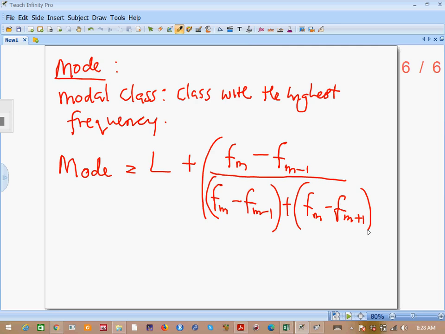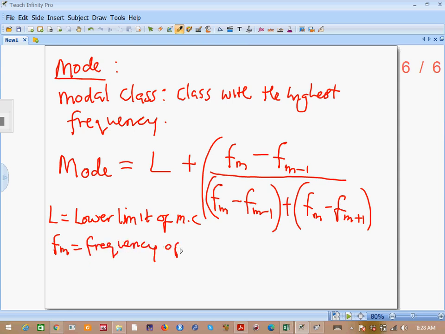Okay, so maybe let's just define those terms. L is equal to the lower limit of the modal class, which I'll shorten as MC. Fm is equal to the frequency of the modal class.